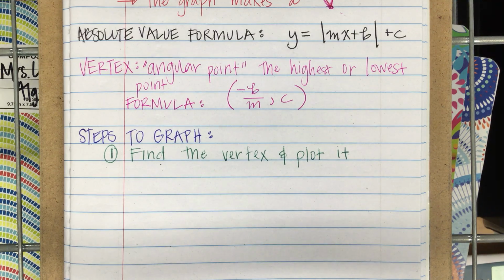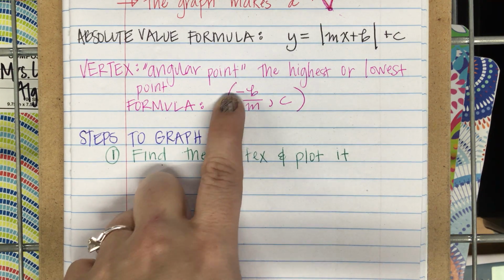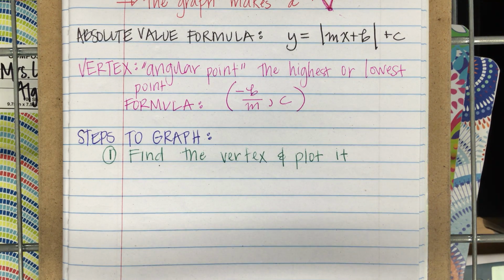Find the vertex and plot it. How do you find the vertex? Negative b over m is your x value. C is your y value. That's your ordered pair. Negative b over m, comma, c. You're going to do some algebra. Minimal algebra. It's just a division problem with a negative, right? Plot it. Then here comes the wordy part.